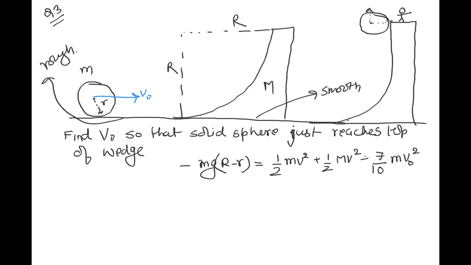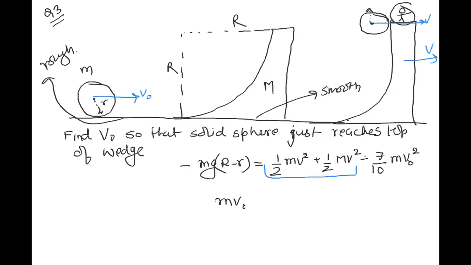Why did the kinetic energy of rotation vanish? Because the kinetic energy of translation vanished with respect to this person, with respect to the ground. Therefore the velocity of the center of mass of this object must be exactly the same as the velocity of the wedge. Therefore this comes. And the second equation, of course, will come from the conservation of momentum, which is very, very easy.